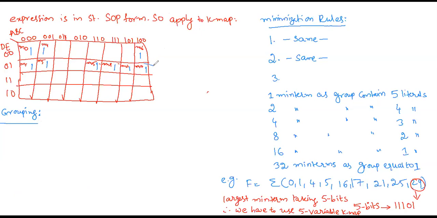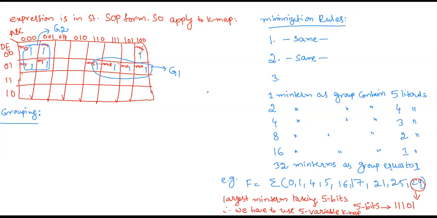These four cells are adjacent to each other, so you can form one group, G1. These four cells are also adjacent to each other, you can check with our adjacency rule, G2. Only M16 is single.